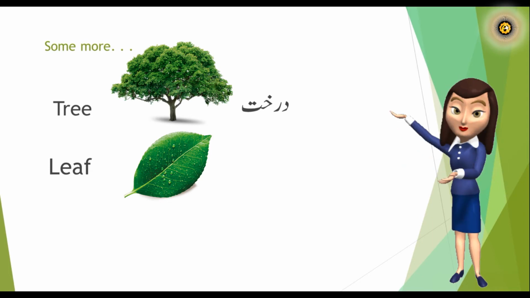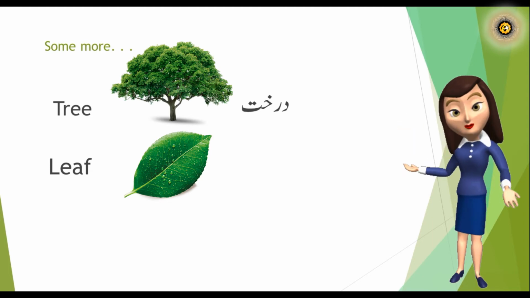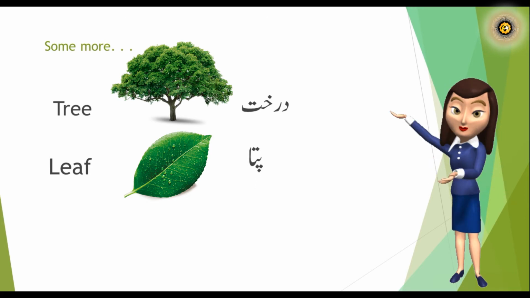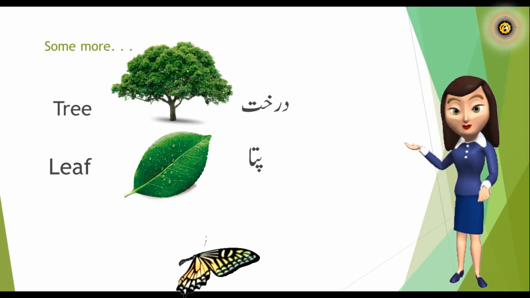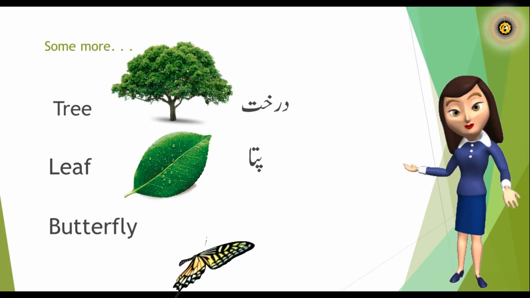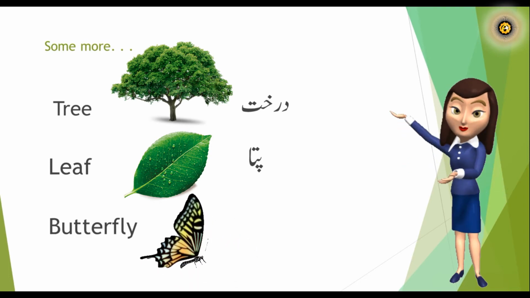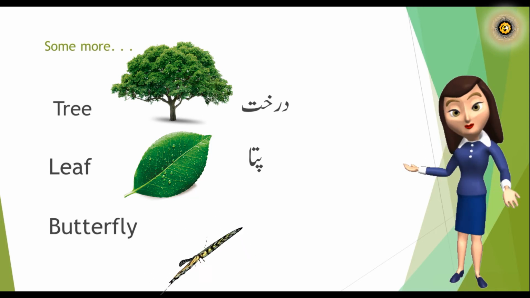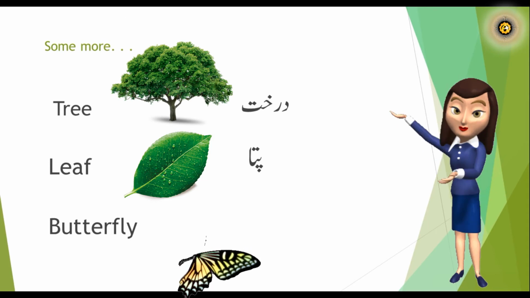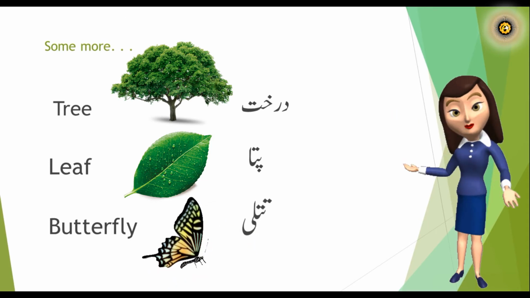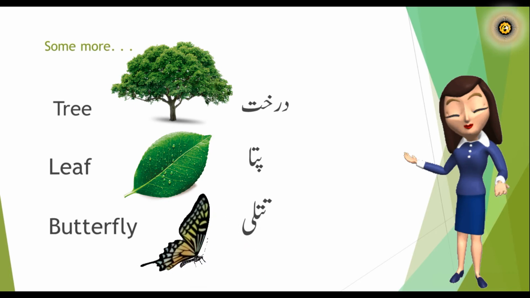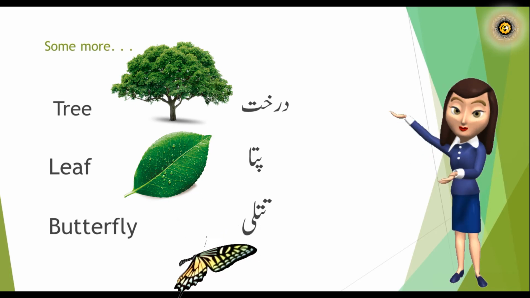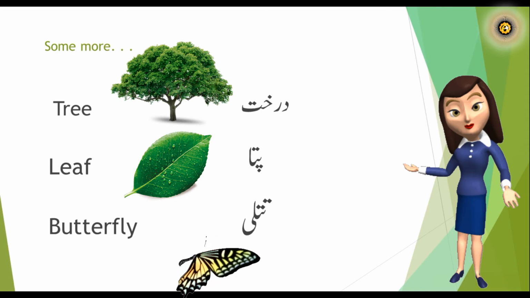We say leaf in English, and in Urdu it is patta. Then there are beautiful butterflies found in the garden. They're very colorful and beautiful. In English we say butterfly, and in Urdu it is titli.